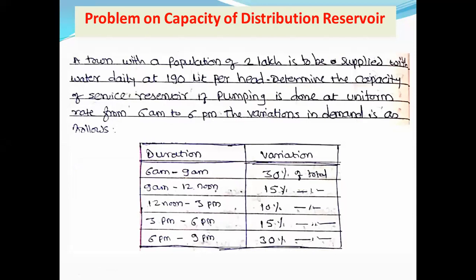Okay, so let us write down this problem. A town with a population of 2 lakh is to be supplied with water daily at 190 liters per head.